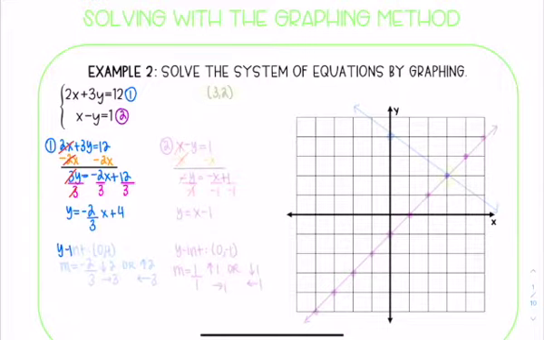And so my y-intercept is the point (0, 4), and my slope is -2/3, which means I can go down 2 units and to the right 3, or I can go up 2 units and to the left 3. So let's go ahead and plot this equation first. So we go to (0, 4), and then we use the slope to find the next point.